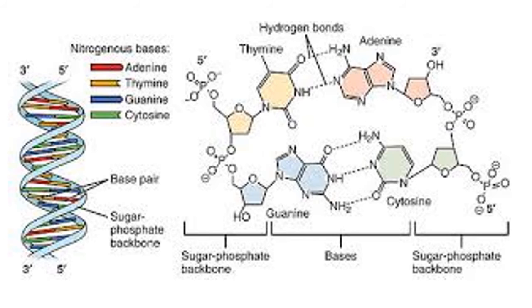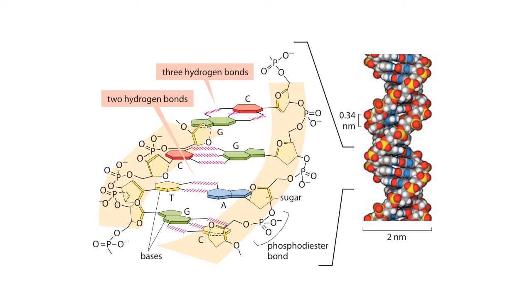Each base forms multiple hydrogen bonds with its complementary base on the opposite strand. These two strands associate by hydrogen bonds between chemically complementary nitrogenous bases. As they are bound together by hydrogen bonds, each unit is called a base pair.